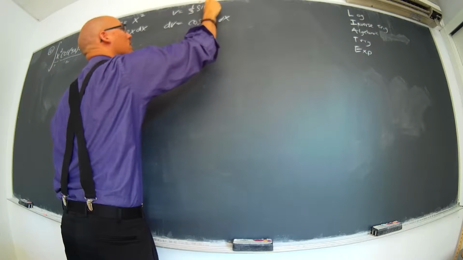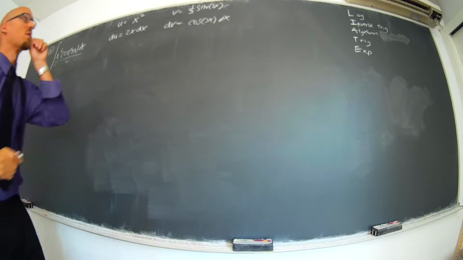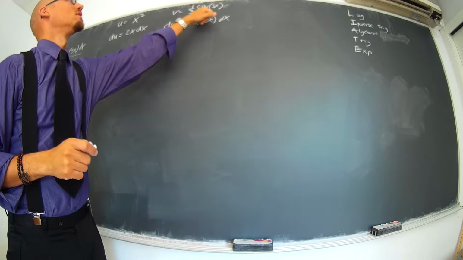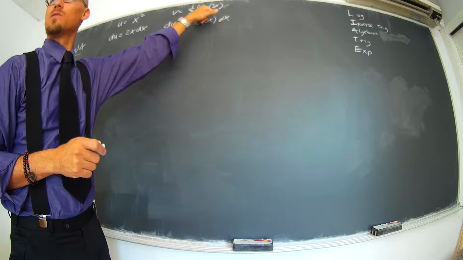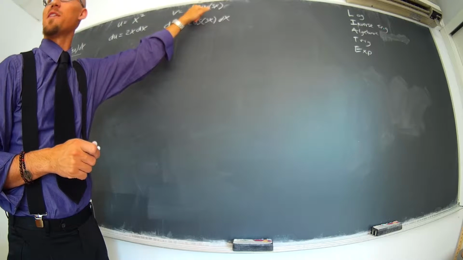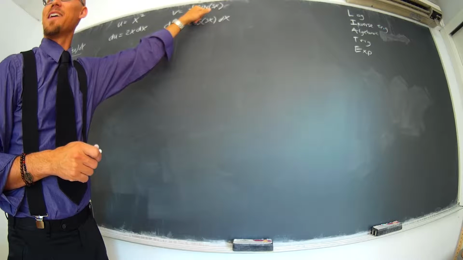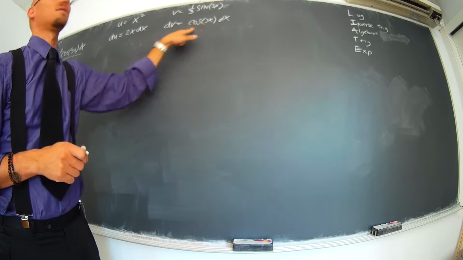It's the cosine of stuff times the derivative of stuff. The derivative of this is 3, so that's going to cancel and we'll get this.